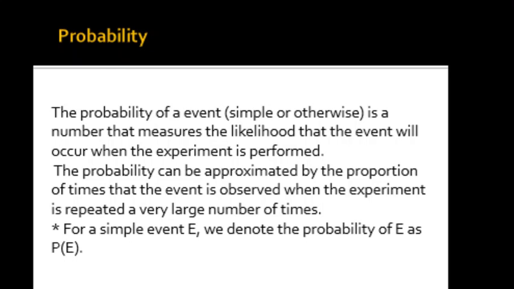The simple event is denoted by the letter E, and the probability of E is denoted as P for probability, and then within parentheses we have the letter E. We can do the same thing for any event, probability of A, probability of the sample space. So the letter P represents the probability.